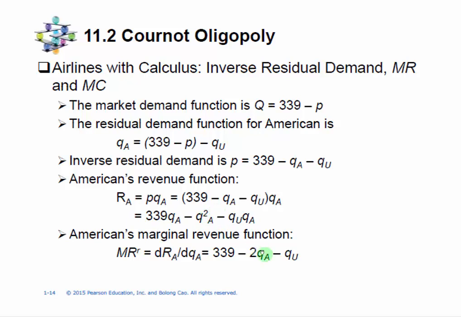So that's QA itself. And then again, we assume QU is a constant. This is a constant times QA, just like 339 times QA. We have 339 here. For QU times QA, we have QU. So for American Airlines, its residual marginal revenue function is 339 minus 2QA minus QU, just as what we have seen before.